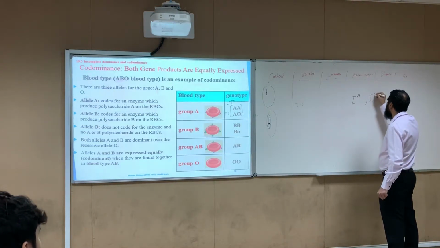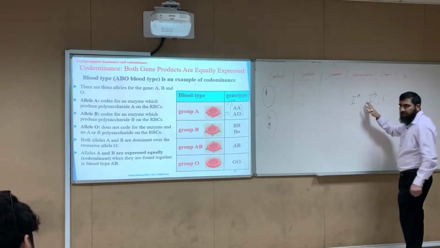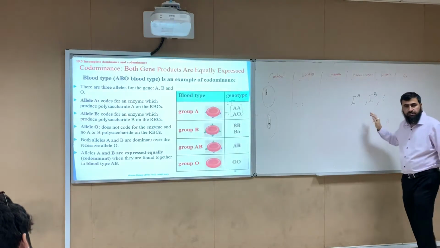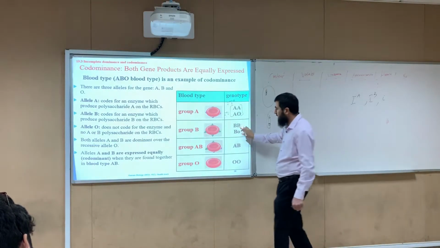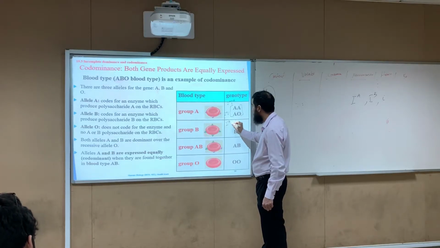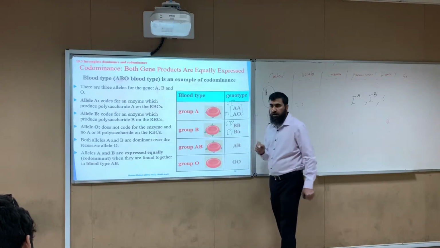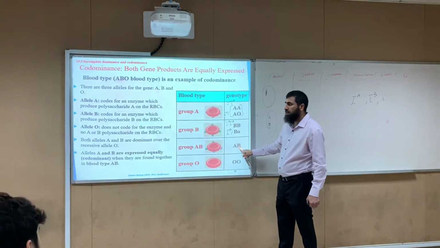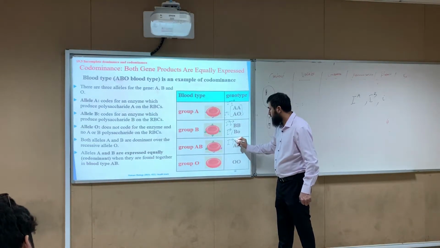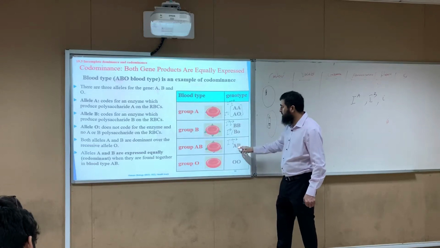The three alleles that control blood type, okay? So in this case, you can have I B, small i, okay? So this is where you see the complete dominance.